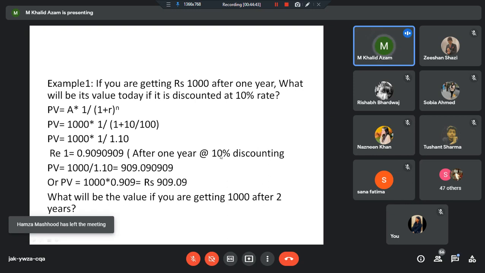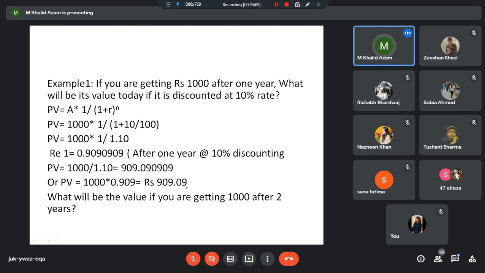Suppose this is at 10% rate; if I increase the discount rate to 15%, naturally its value is going to be less than that. So you have to understand that there is an inverse relationship between the rate of discount and the value whatever you are getting. If the discount rate increases, the value reduces.